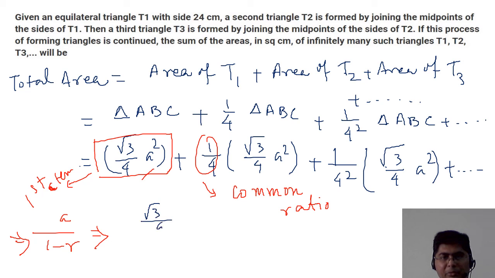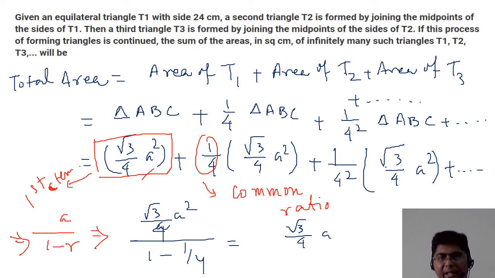Root 3 by 4 A square divided by 1 minus, what is the value of R? 1 by 4. So root 3 by 4 A square over 1 minus 1/4, this term will become 3 by 4.